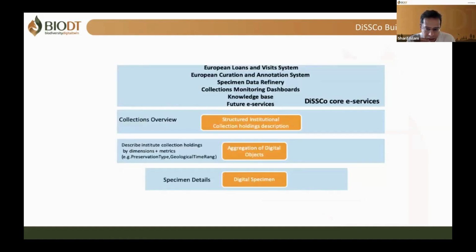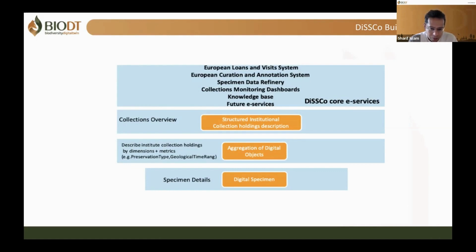And we're building these digital specimens and other things, and we're using them as building blocks for the services that we're planning. So at the bottom, you see the physical specimen and the digital specimen and the details for each of the objects.